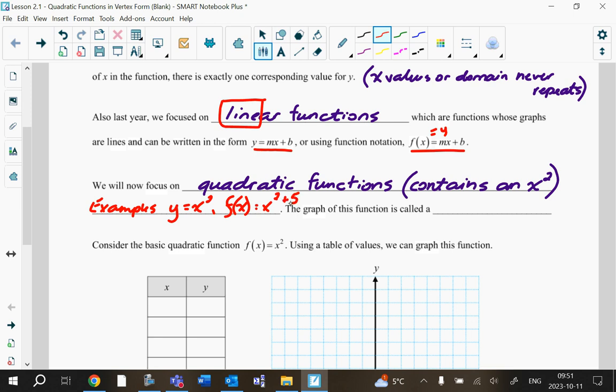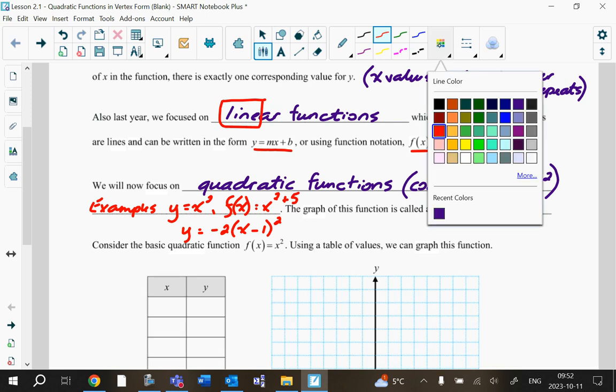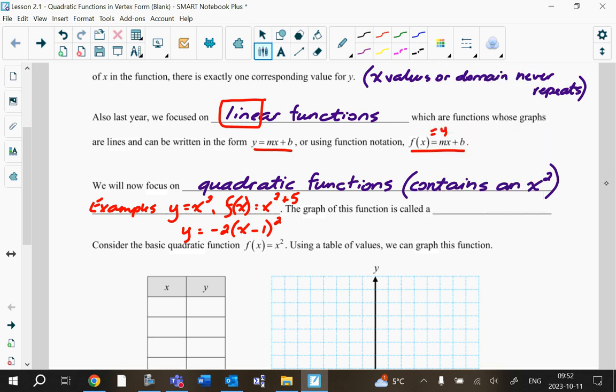Y equals negative 2 x minus 1 all squared. If it's got a squared in it, it's quadratic. And if it's quadratic, when we graph it, it's going to take a certain shape that we call a parabola.